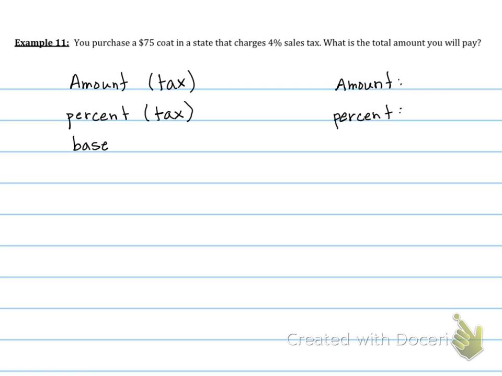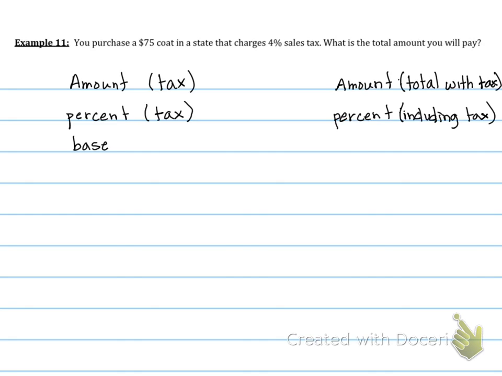If you're like, oh, my unknown is the total amount with tax, then that means your percent has to be the percent including tax. You will get the same final result using both of these methods, but you have to be really clear with yourself about which you're doing.